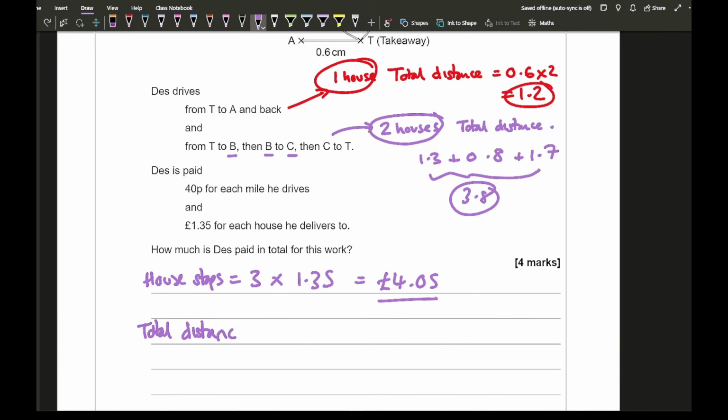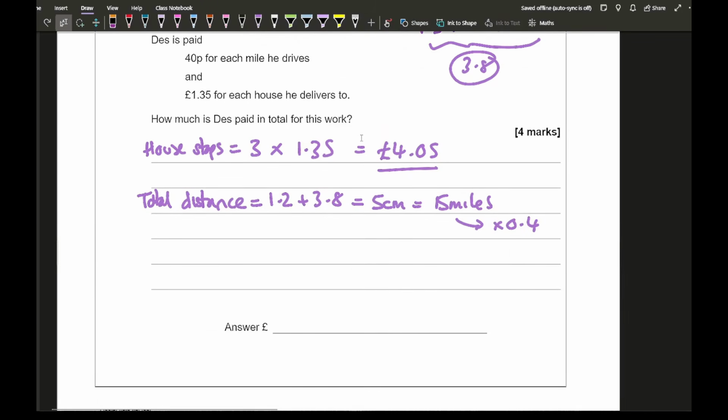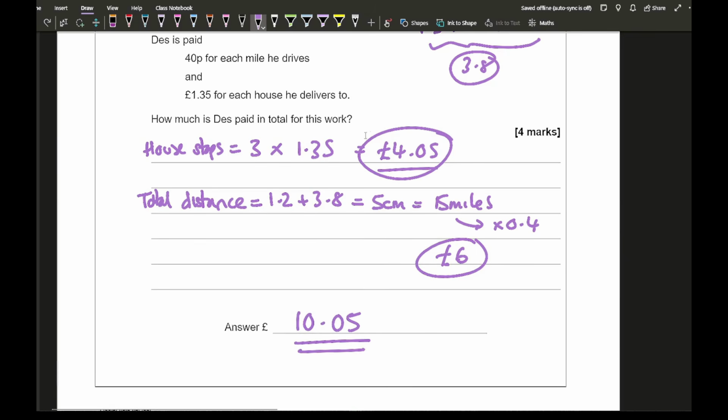So the total distance is 1.2 plus 3.8, which is 5 centimetres, which equals 15 miles. And then if we multiply that by 0.4, that's going to give us an answer of 15 times 0.4 gives us 6. And so adding up these two amounts, we get a total of £10 and 5 pence.